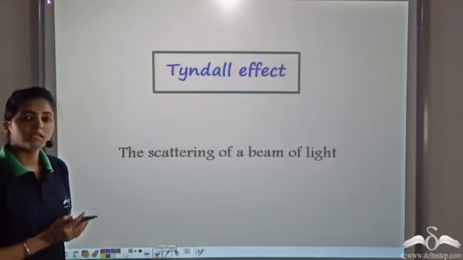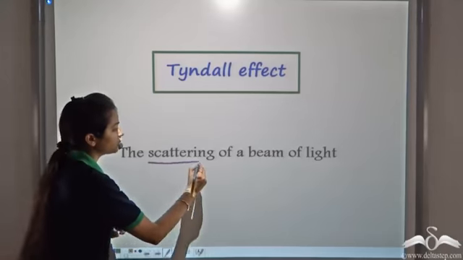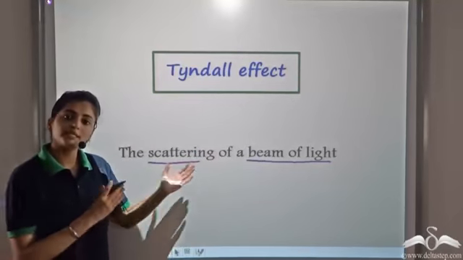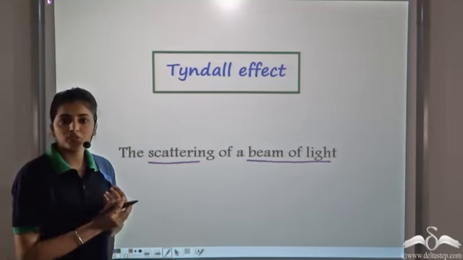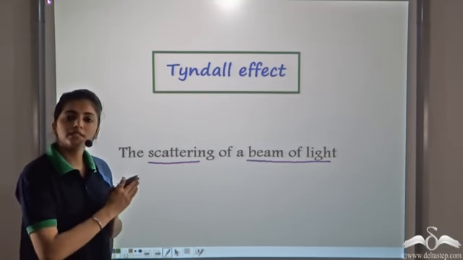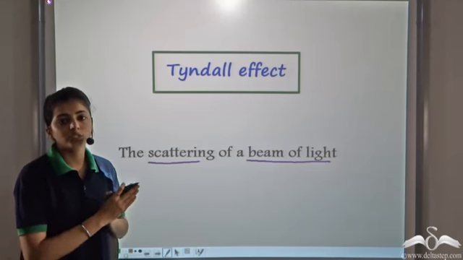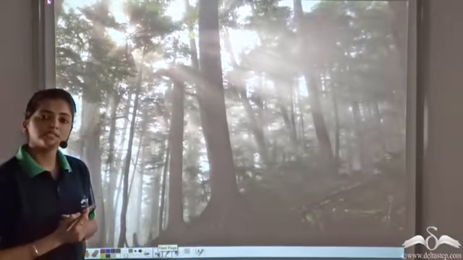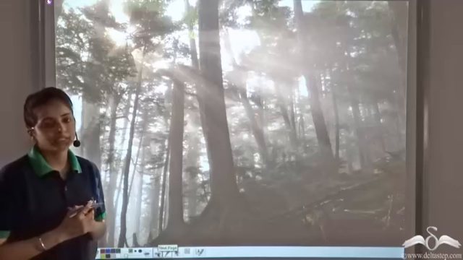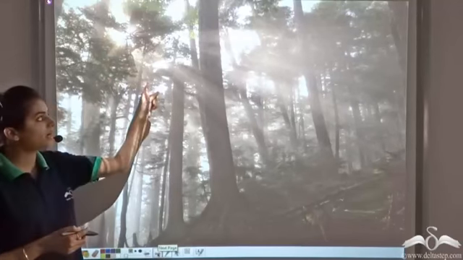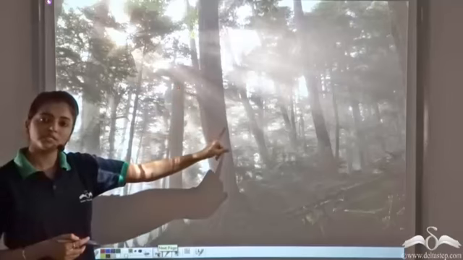Tyndall effect is the effect of scattering of a beam of light. When the beam of light is scattered by some particles which are present in the medium, their path becomes visible, and this scattering of beam of light is known as Tyndall effect. This is also the effect which you observe in dense forests. In dense forests, again, you see the path which is taken by the rays of the sun.